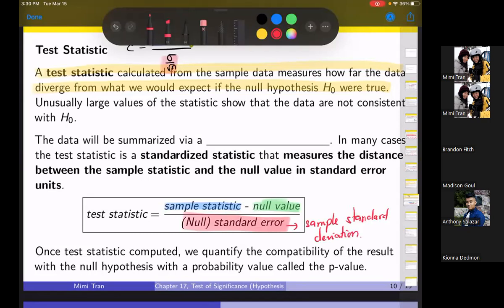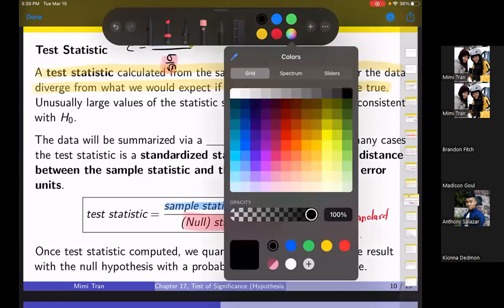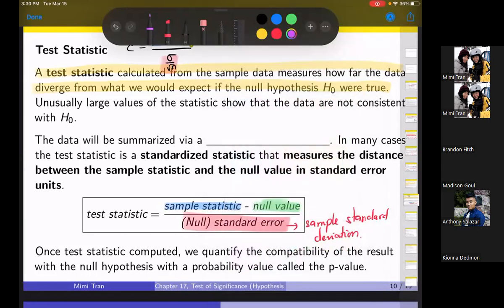There are three types. Sigma, let me put it right here, in purple, just to recall. Sigma stands for what type? Population, right? Population SD.